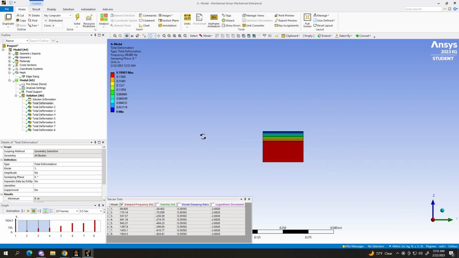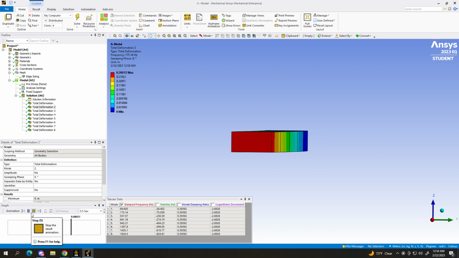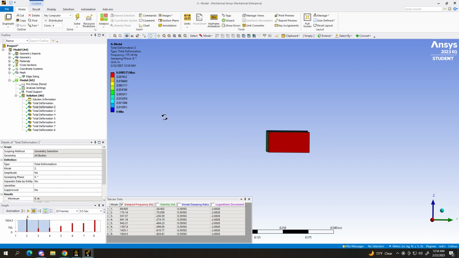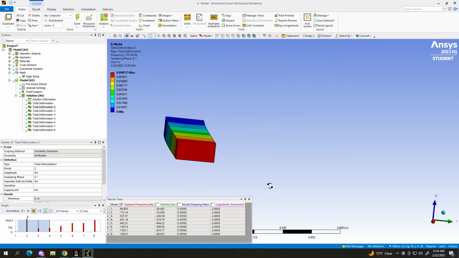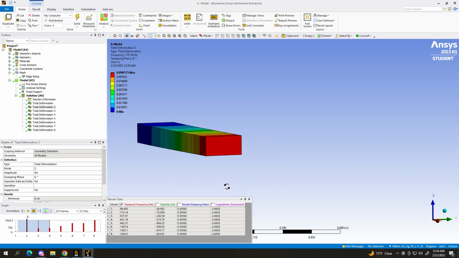If it was flipped this way, then it'd be much thicker, and that's why for this deflection it is much less, as you can see here. So yeah, that is my analysis for this report.